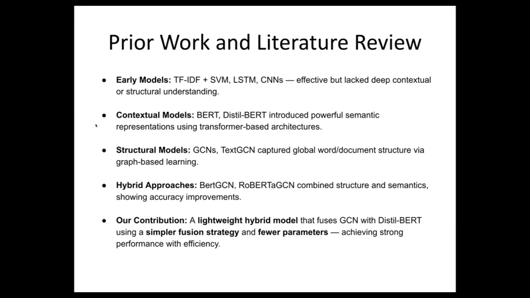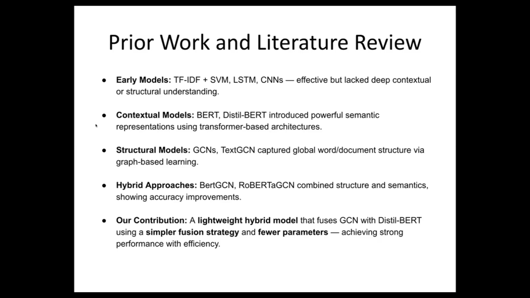Separately, we also had structured models like TextGCN, which used graph convolution networks to capture global document word relationships using graph-based learning. More recently, hybrid approaches like BERT-GCN and RoBERTa-GCN have combined these two strengths, semantics from transformers and structure from GCNs, leading to improved performance, but often at the cost of higher computational requirements.